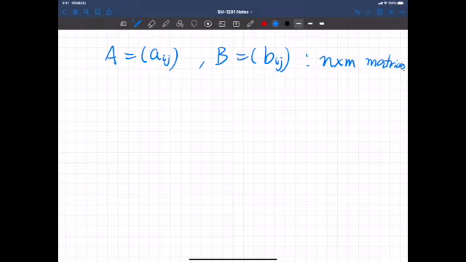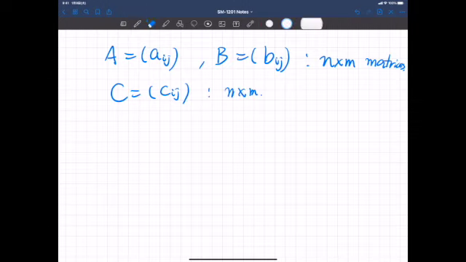Then we define a new matrix C, Cij, again of the same size, n by m, by this. So each element of C is the sum of the corresponding elements of A and B.